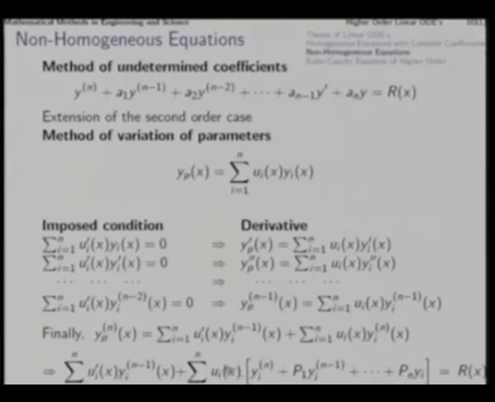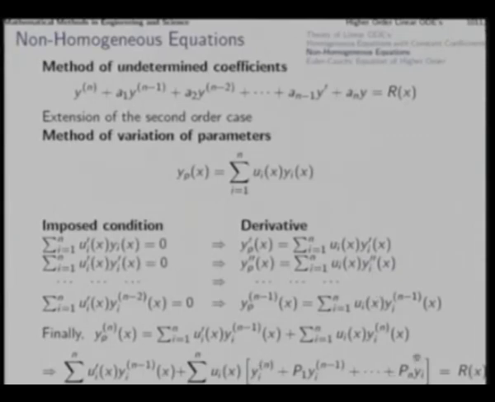And here are the other terms, that is this into this plus p1 into this plus p2 into the previous one and so on. There you will find that ui is common in all these, so ui has been kept common outside, and inside the bracket you have yi n-th derivative plus p1 into the yi n minus 1th derivative plus p2 into the yi n minus 2th derivative and so on, that is this actually.